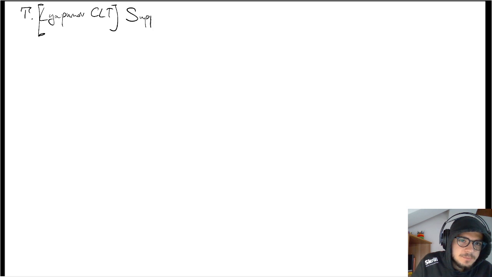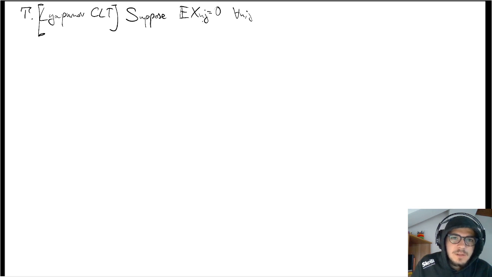suppose that the expectation of X_nj is 0 for any n and j. So the expectation of each random variable in the triangular array is 0.